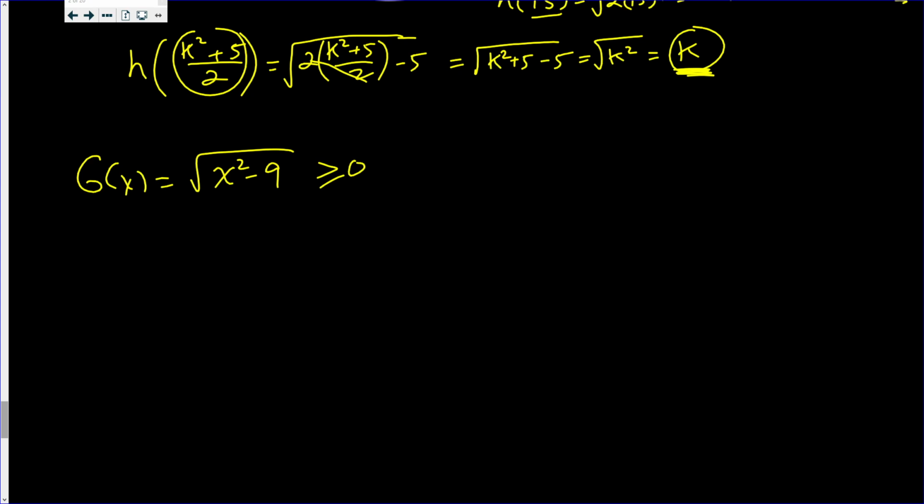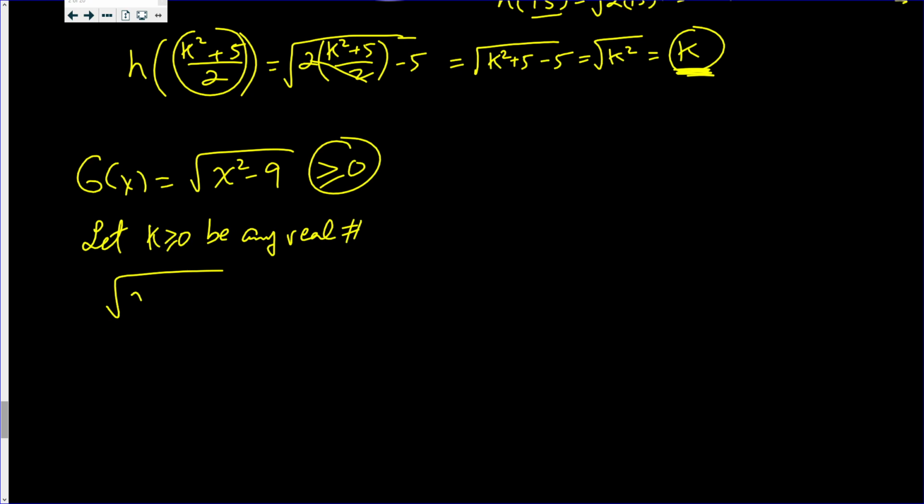So let's see if we can get back any old k. Any old number 0 or above. Let k be bigger than 0, any real positive number. Okay, so can I take g of something and get back k?